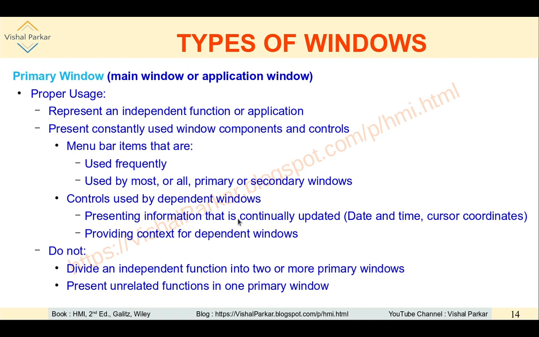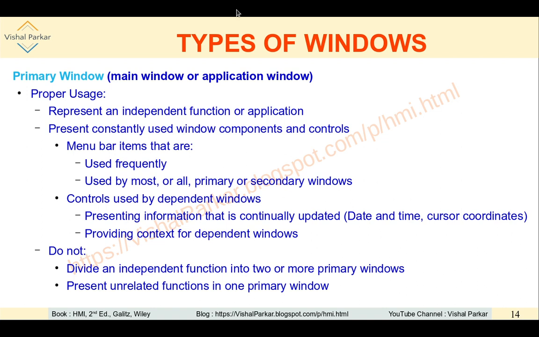Presenting information that is continually updated, for example, the date and time, the cursor coordinates, that we have seen in the status bar, that needs to be shown all the time. Providing context for dependent windows.